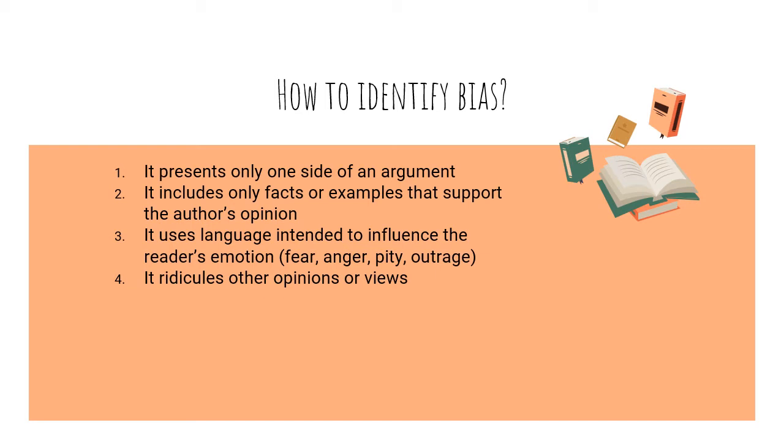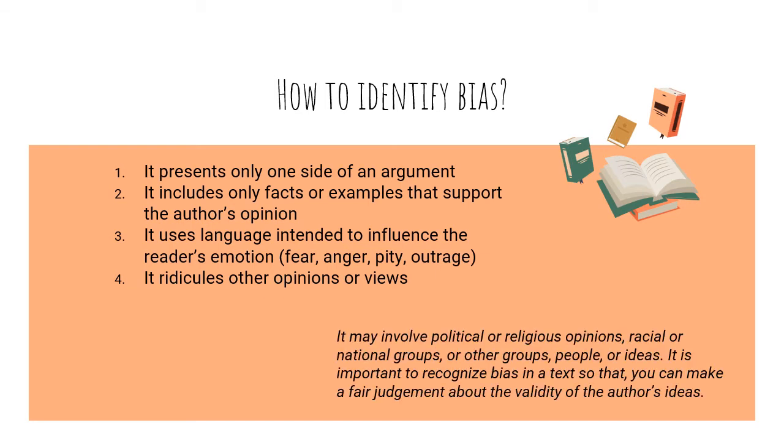It usually ridicules others' opinions or views. Look here, I have a note: it may involve political or religious opinions, or maybe racial or national groups, or other groups or people's ideas. Also, it is important to recognize bias in a text so that you can make a fair judgment about the validity of the author's writing.